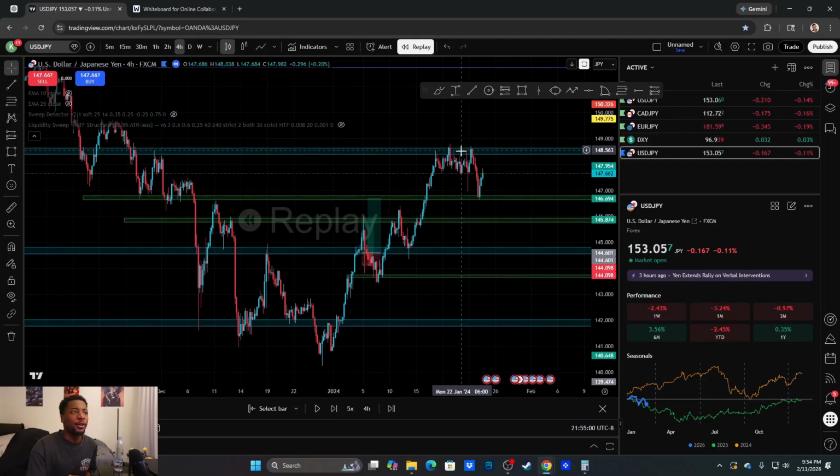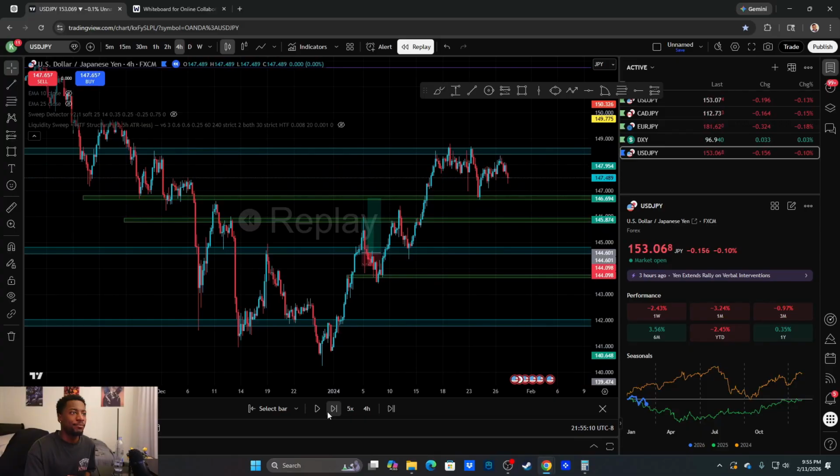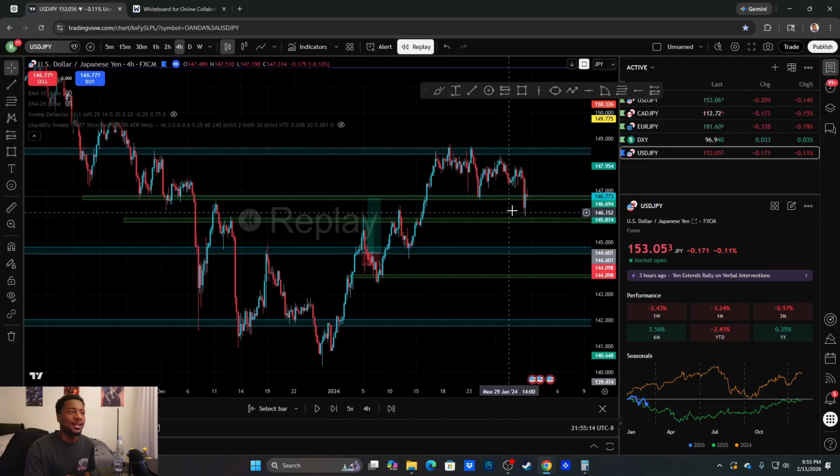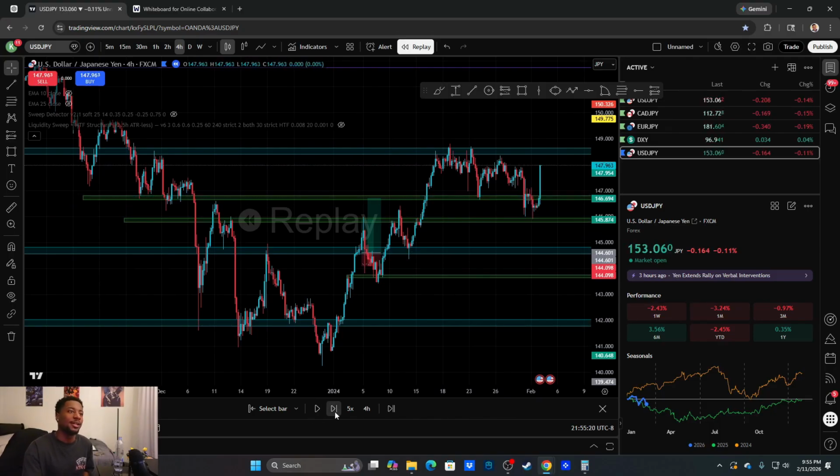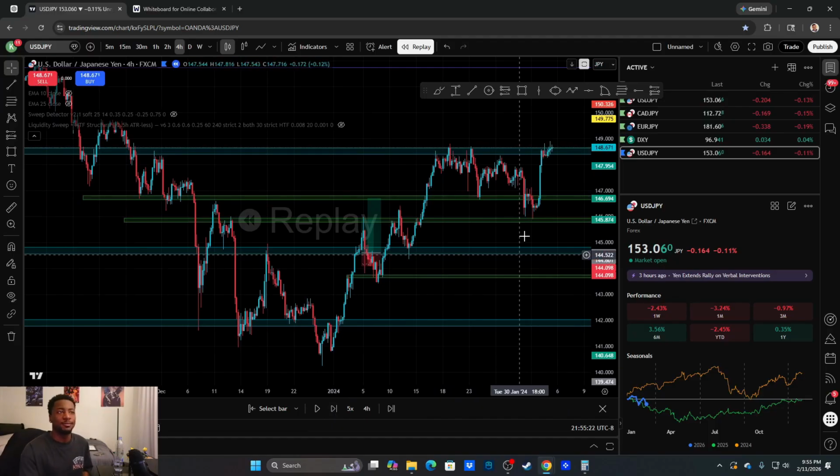Price failed to break above this daily key level, came back down, bounced off this key level we already marked up on the hourly time frame. Bounced off that daily zone again and then found another level of support at another hourly key level. I'm telling you, it works, man. It works. You can't tell me it doesn't.